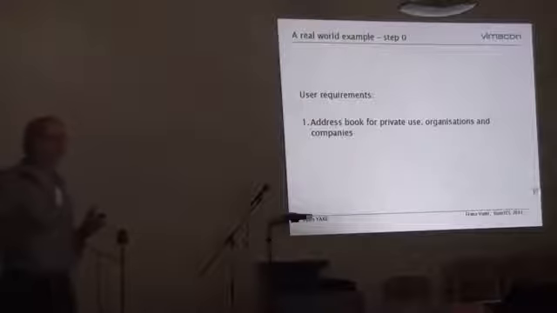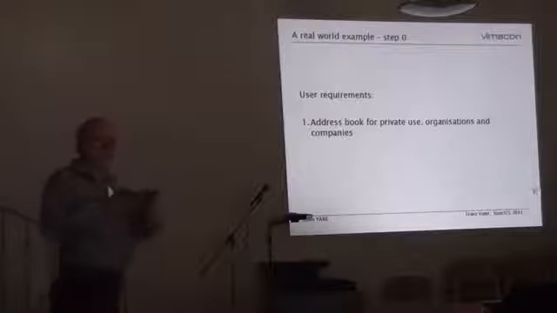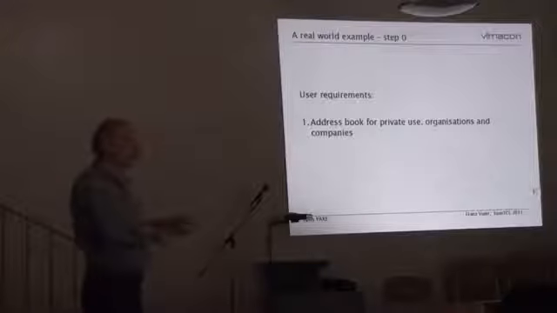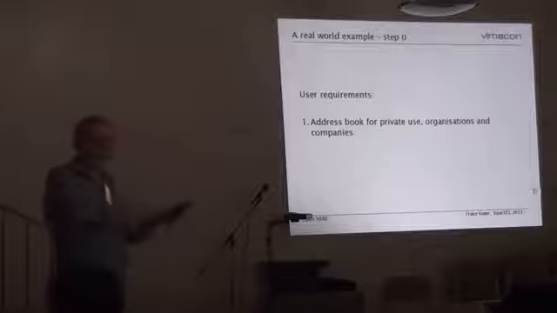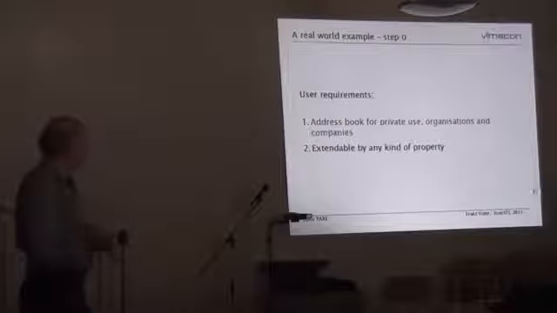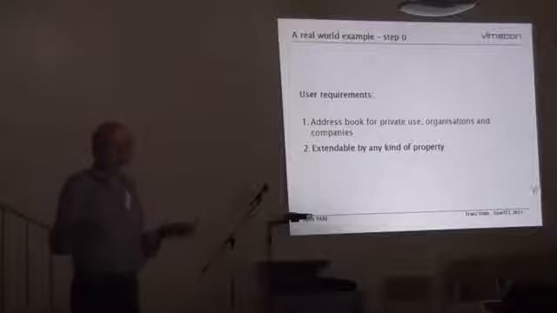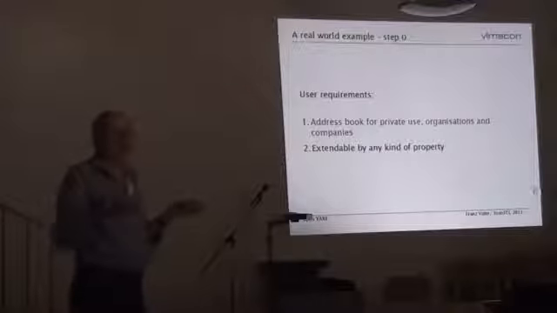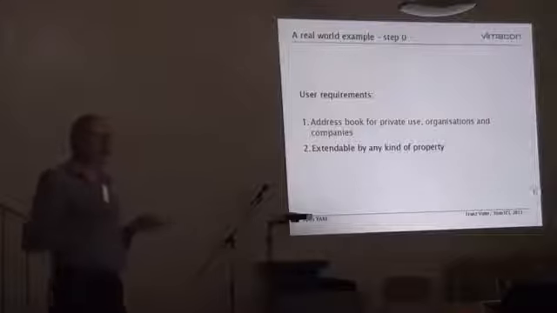That means we would need departments, organizations, and different behavior if we speak about persons or organizations. It should be extendable anytime. Whenever you have the property of a person or of an organization, you should be able to add it without question.